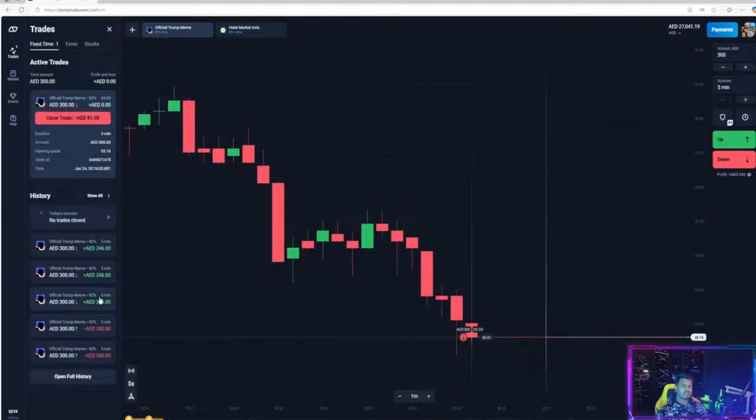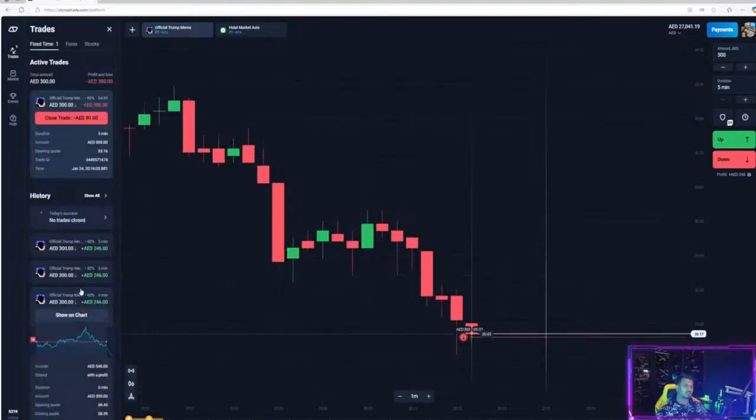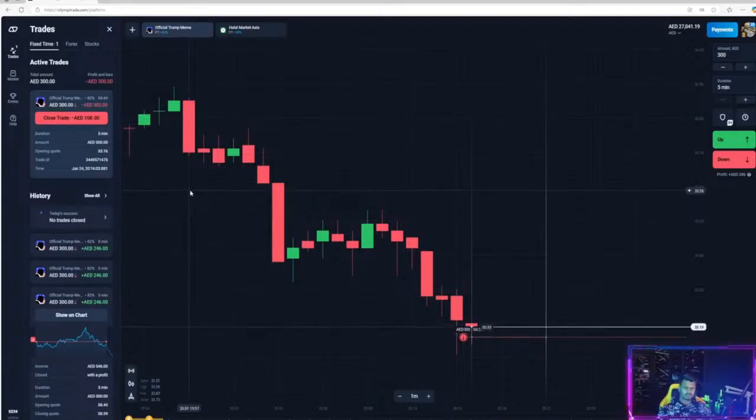Before this you can see three profitable trades actually happened with the 5 minutes I made, but at this moment I will use the 2 minutes here.